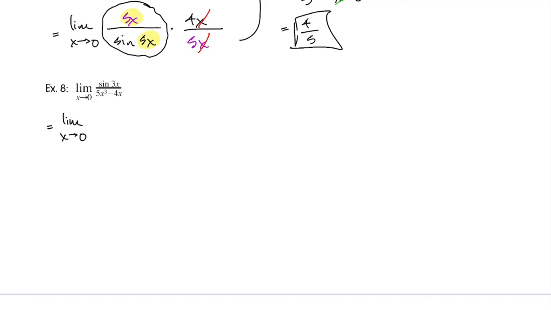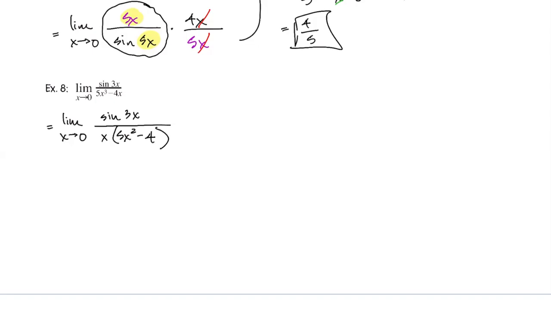See a factor, okay. So what would you factor? The denominator, okay. And so we get sine 3x, and when we factor that x, we'll get 5x squared minus 4.